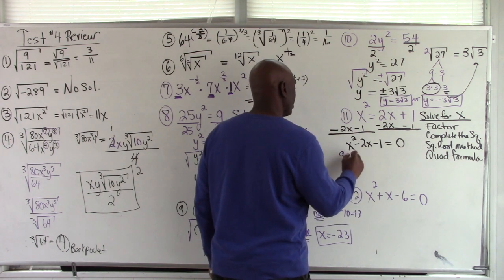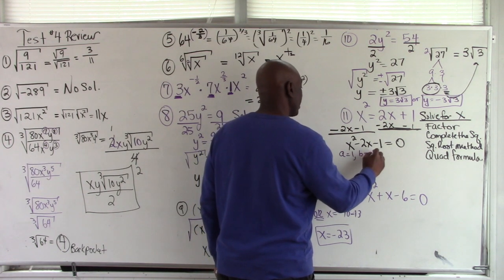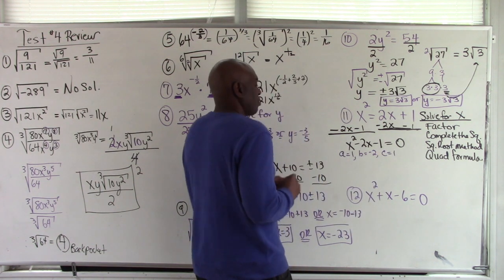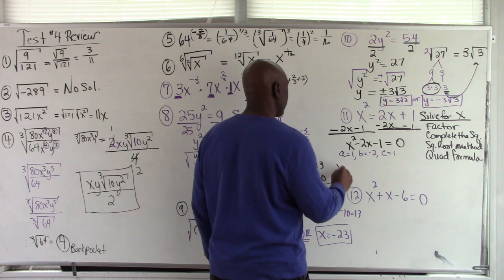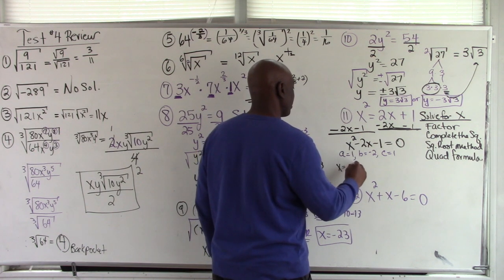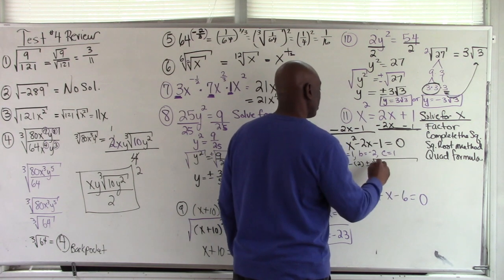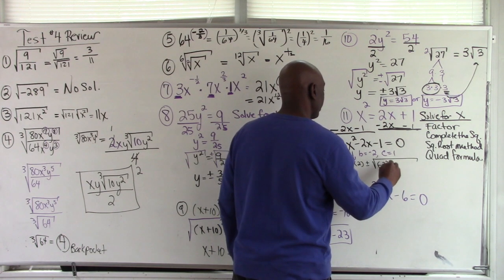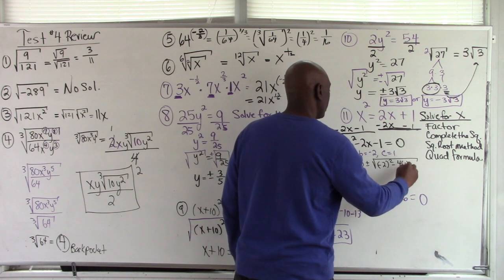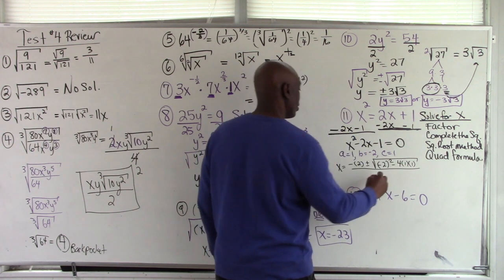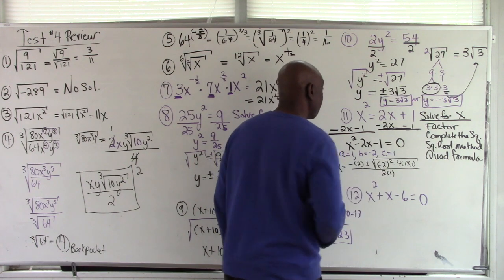A is 1, B is -2, and C is -1. Put it into the quadratic formula. So x equals negative of -2 plus or minus the square root of -2 squared minus 4 times 1 times -1, all divided by 2 times 1.